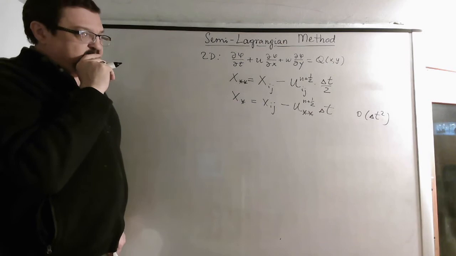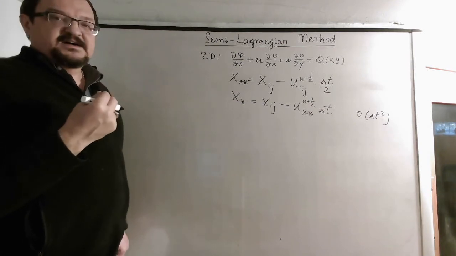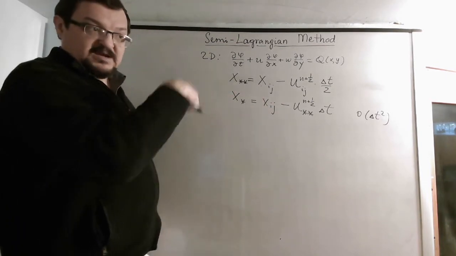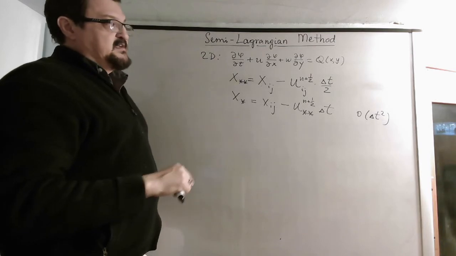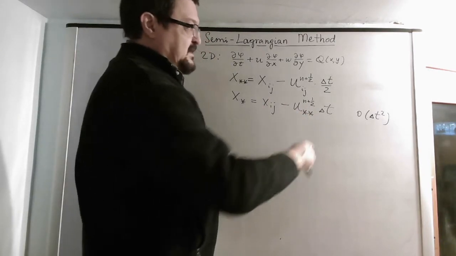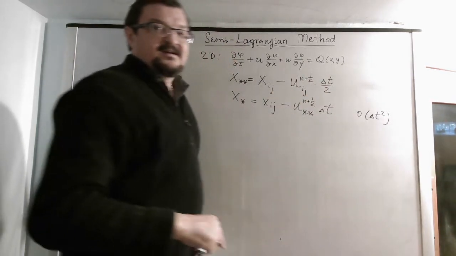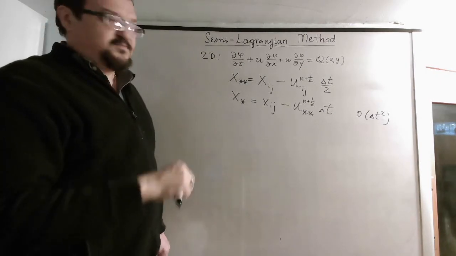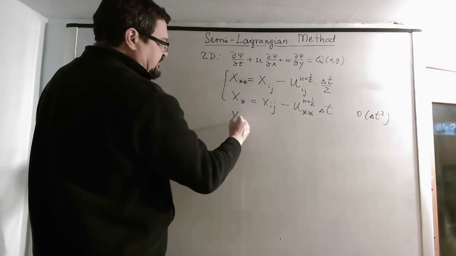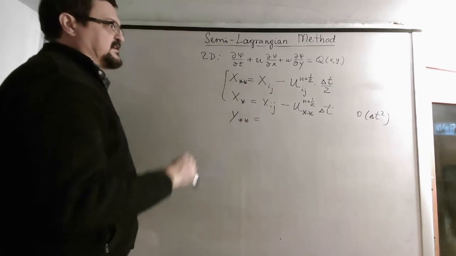You can use other approaches. For example, if you have time tendency of u from your model, it computes tendency, right? Then you can actually use it further in extending this step by adding its Taylor series. You have du dt, and then it would even more improve your result. And a similar scheme you would have for y, instead of u you would have v component.